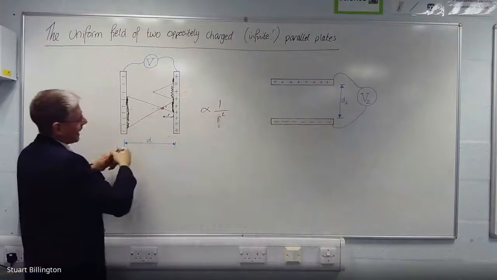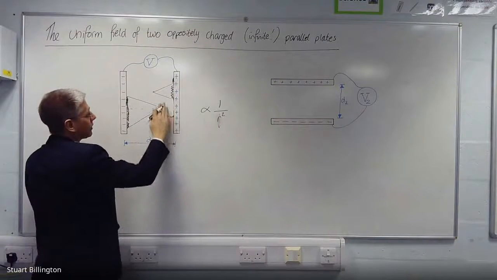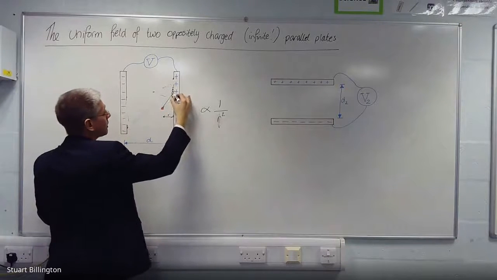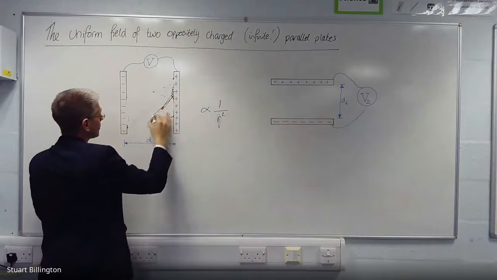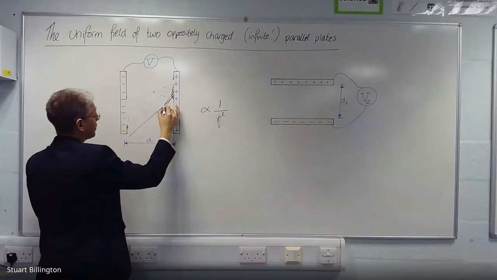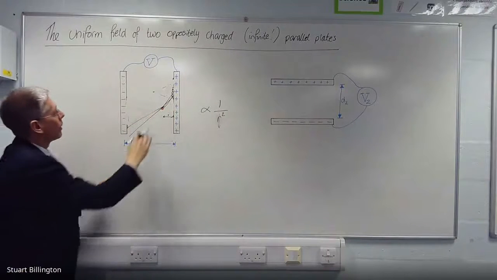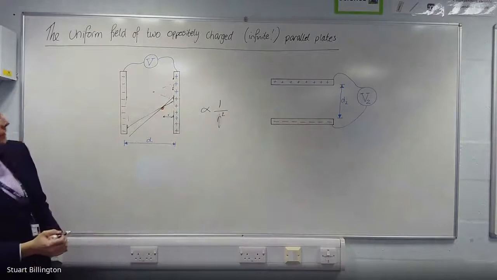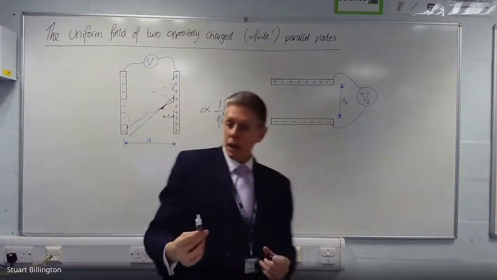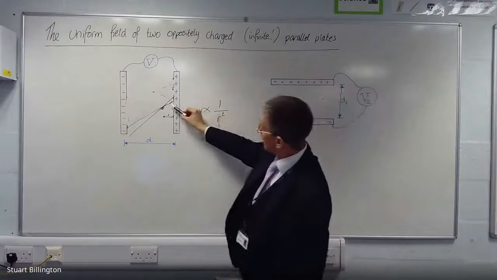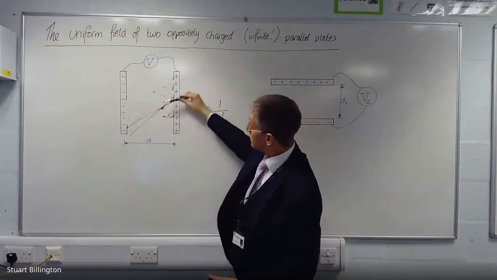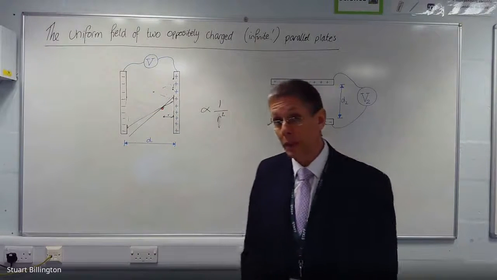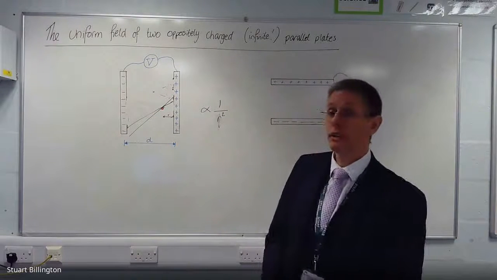It works for any angle. If you want to do it at a diagonal, that works too. If you could draw, you could. Now this time, you just appreciate that there is an upwards component to this force and a downwards component to this force, but the magnitude of the forces will be the same and the forces are in opposite directions.